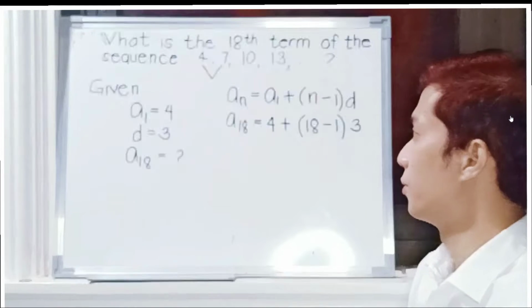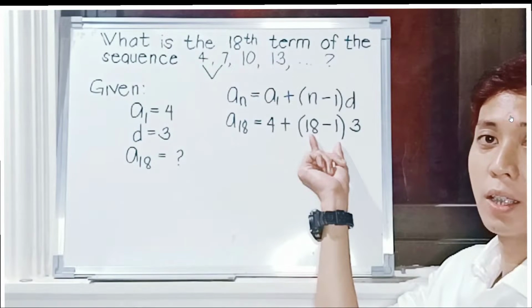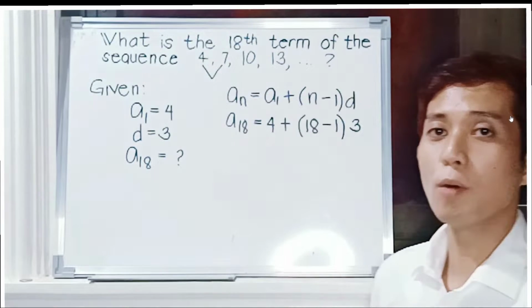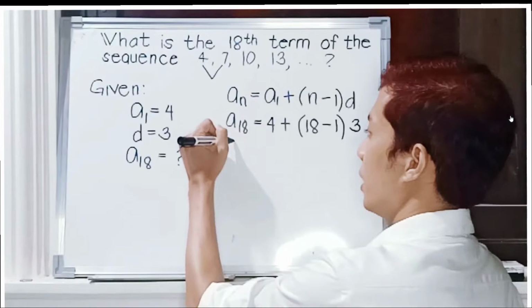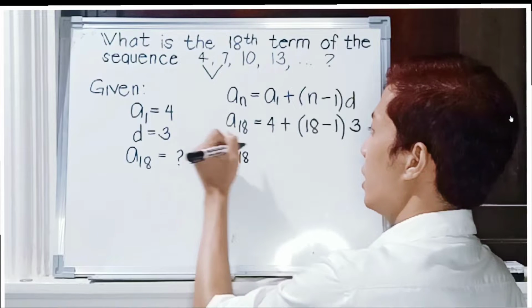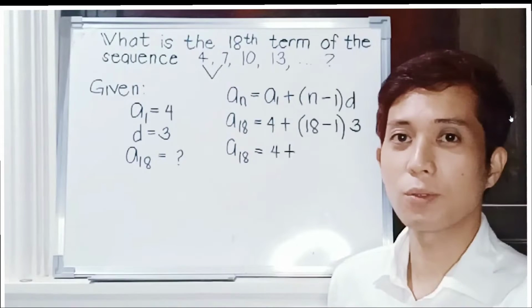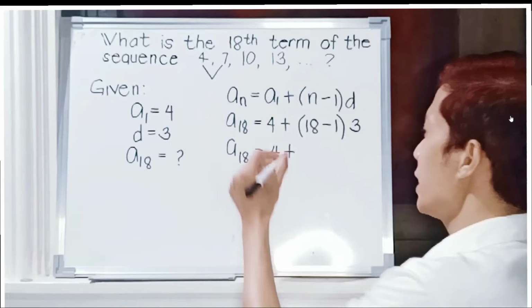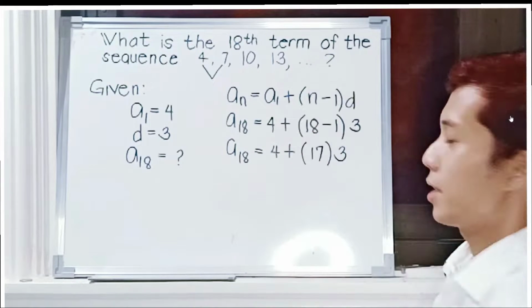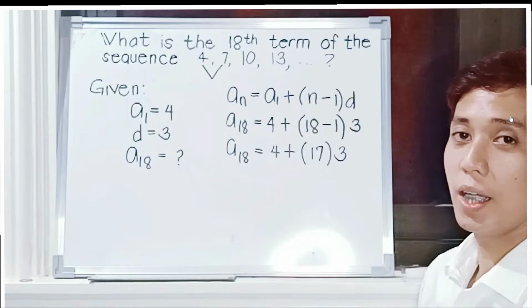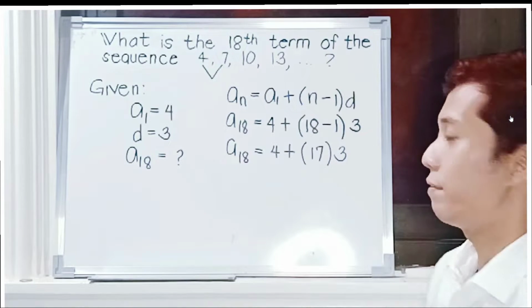Now let's continue. Here we are going to subtract first 18 by 1. Note, in PEMDAS, we need to perform operations inside the parentheses first. So doing that, a sub 18 is now equal to 4 plus, what is 18 minus 1? Basic na basic, 18 minus 1 is equal to 17, times 3. So we have a sub 18 equals 4 plus 17 times 3. Next is to multiply 17 by 3.